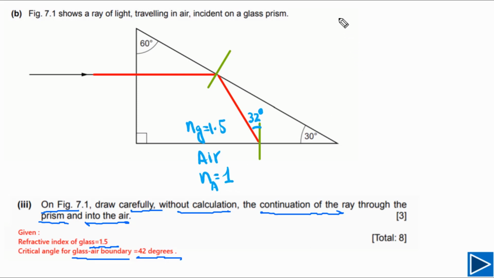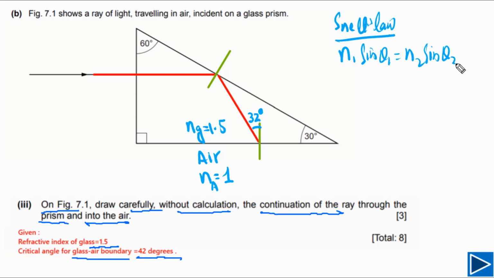Now we need to use Snell's law to calculate the angle of refraction. According to Snell's law, n1 sine theta 1 has to be equal to n2 sine theta 2. In this case, this is our medium 1 and this is our second medium. For medium 1, the value of n is equal to 1.5 and the angle in medium 1 is equal to 32 degrees.